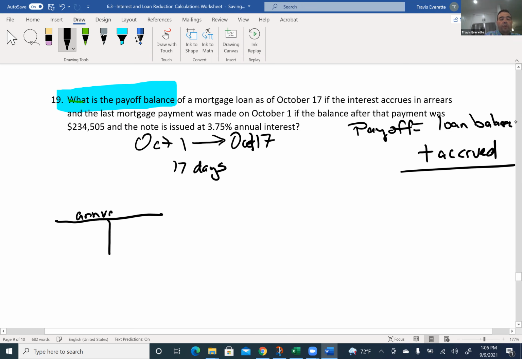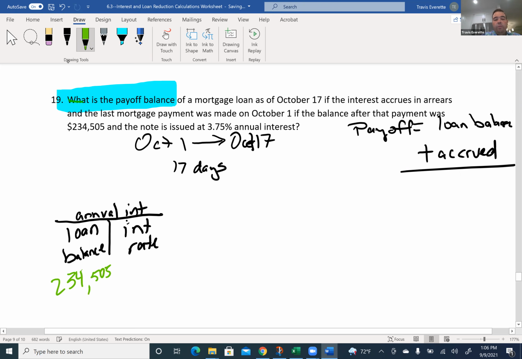So annual interest is going to be equal to the loan balance times the interest rate. And they have told us that the balance is $234,505, and they've told us the interest rate is 3.75%.